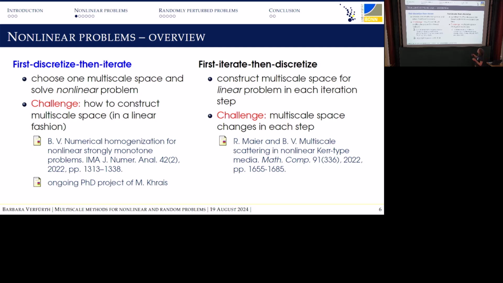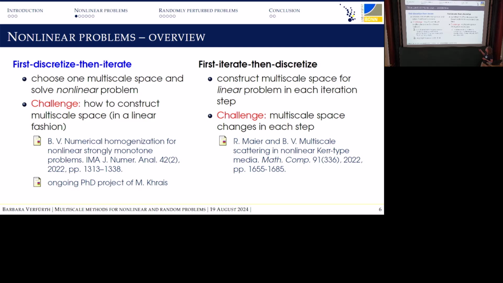You write down your iteration scheme, and then in each iteration step, you typically have to solve just a linear problem. And then you're back into business because you're in a typical linear PDE setting for which you know how to construct your multiscale space. So that's why I call it first iterate and then discretize, or first choose your iteration scheme and then think about the discretization. And this is also very attractive.